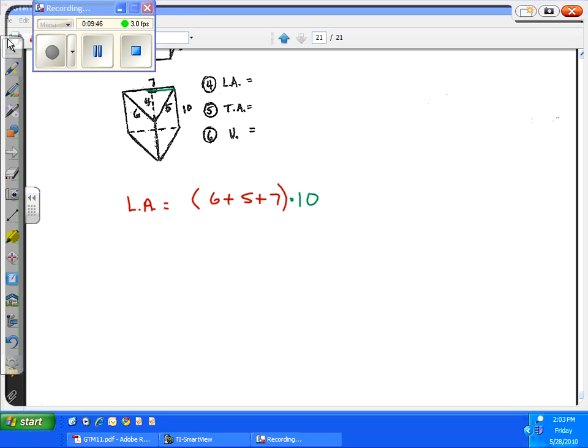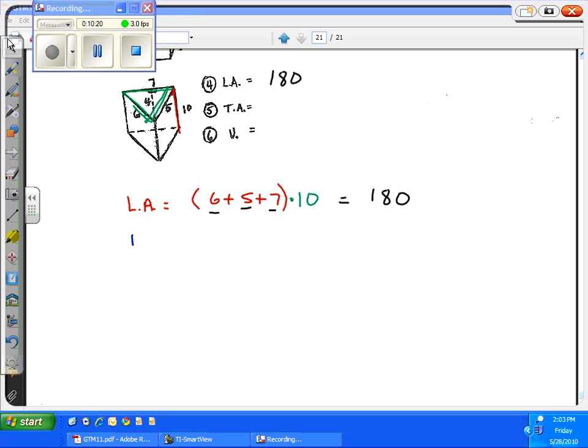If you fold that out, you'd have a rectangle whose base is the perimeter, and whose height is the height of the prism. And I did all my color coding backwards. But anyway, we're going to have 6 plus 5 is 11, plus 7 is 18, times 10 is 180. So the lateral area is 180.